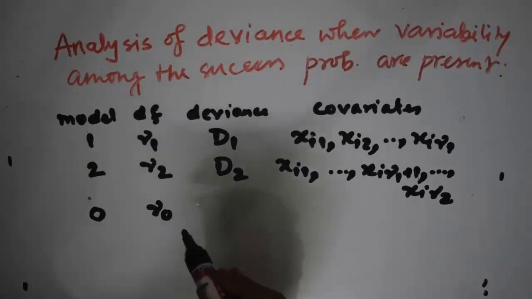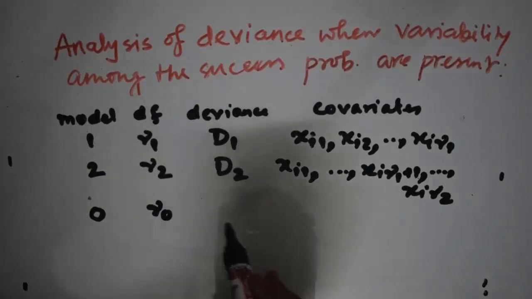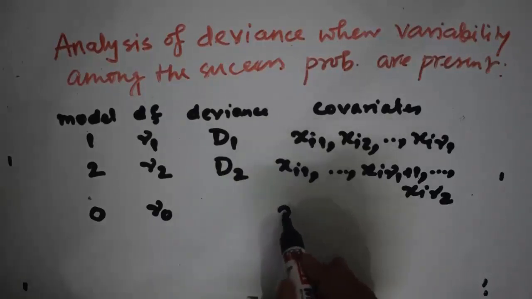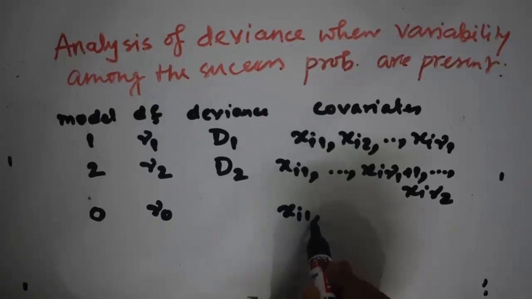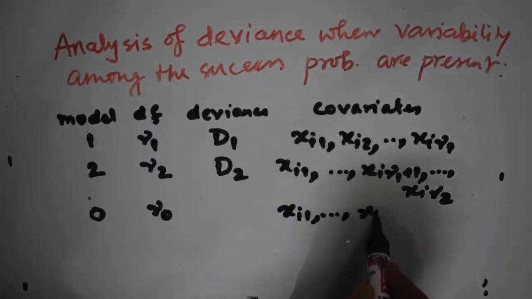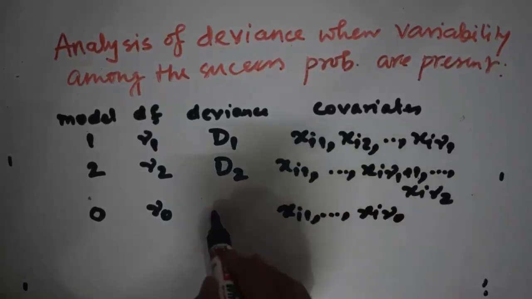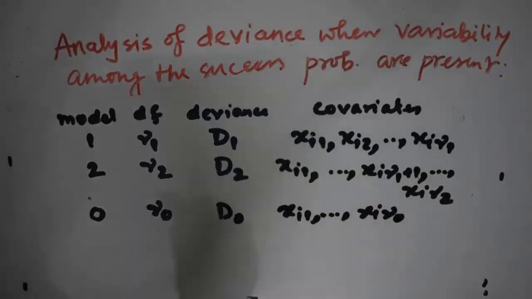So here I use gamma naught covariate, I denote this D naught.